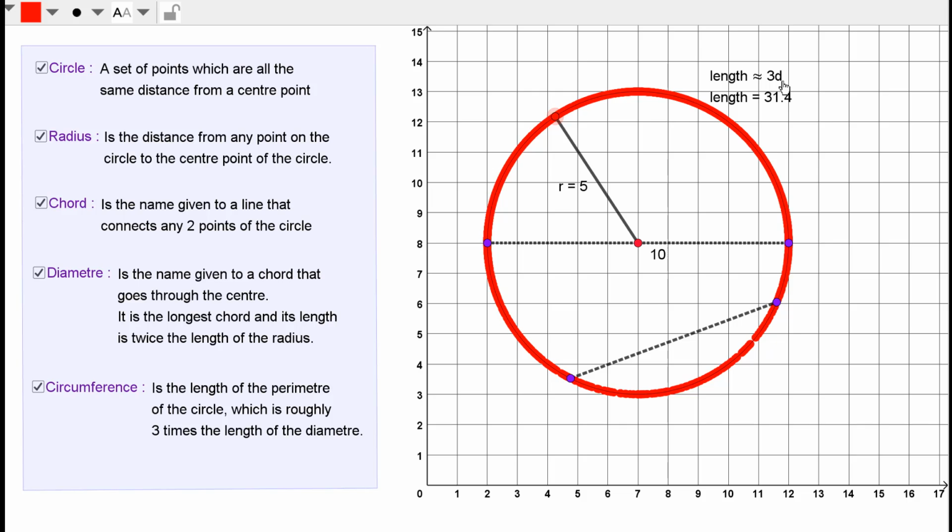Now the diameter in this question is length 10, so 3 times 10 is 30. So the full length of my circumference should be roughly 30. In actual fact, if we did it using our proper maths and very accurately, the length is 31.4. So just a little over the 30.